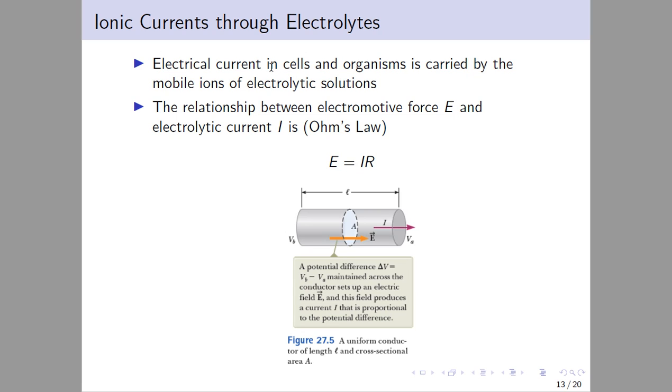So electric current itself is carried by the mobile ion of electric solution. Okay, the relationship between electromotive force E and electrolytic current I is again the Ohm law, E equal to IR. Okay, so let's say these are neurons, so the electron moving from one side to another side.